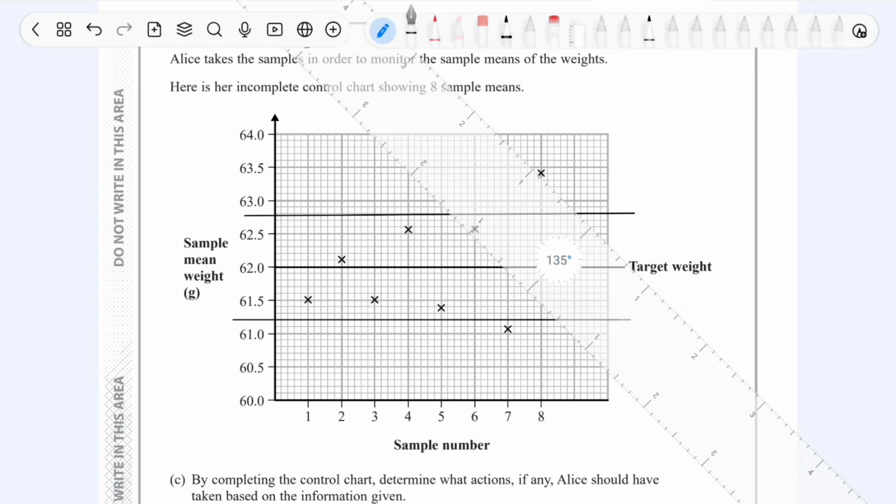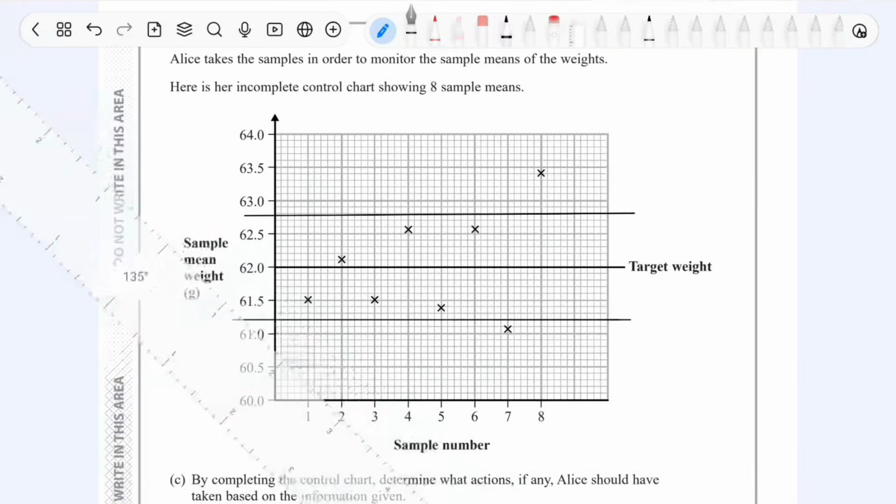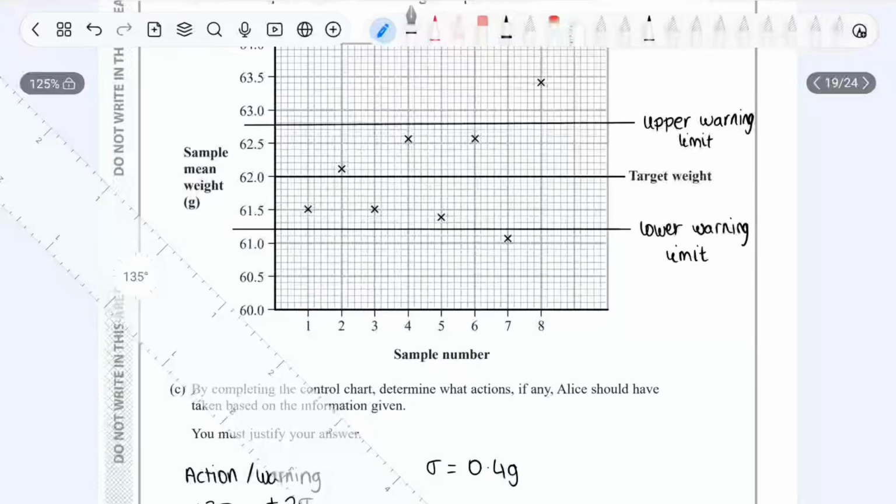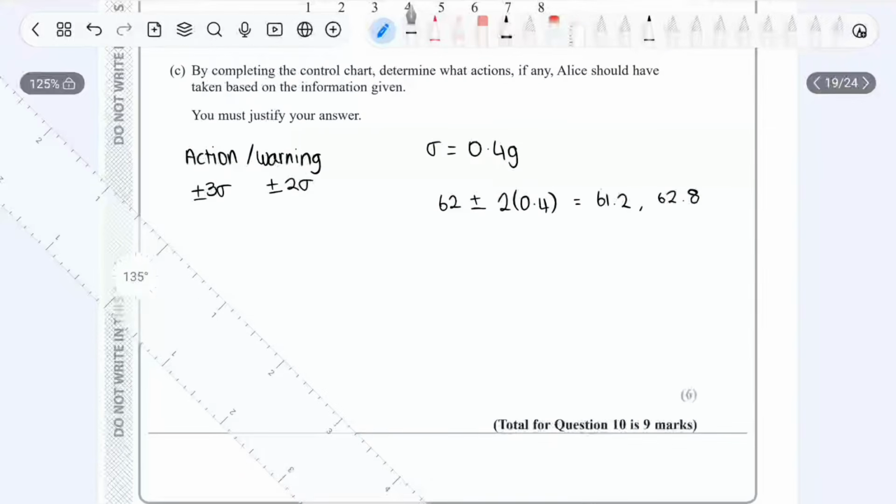That was quite fiddly, however, you should be able to do it with a bit more accuracy. So this would be our upper warning limit, and then our lower warning limit. Now you can see some data already falls outside, so now let's move on to our action limits.